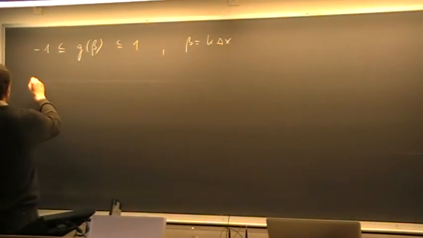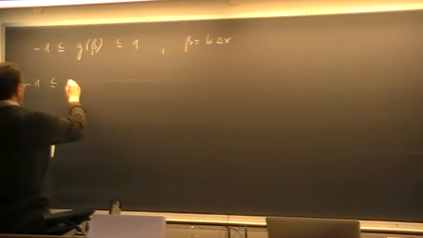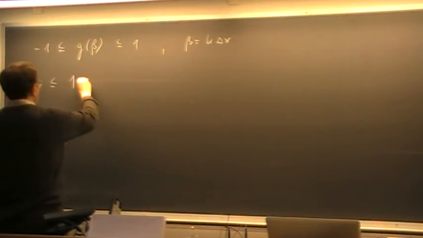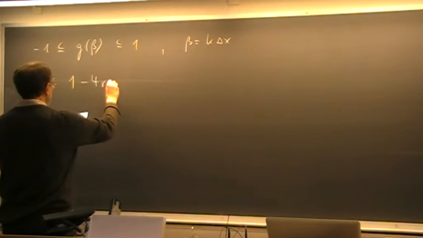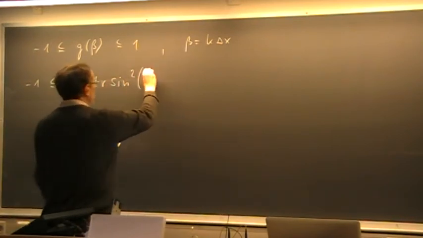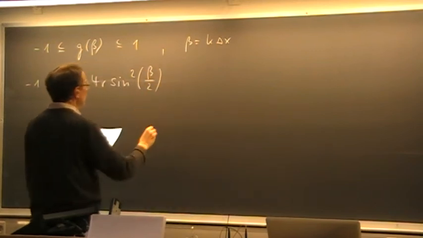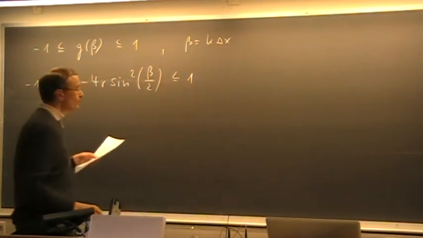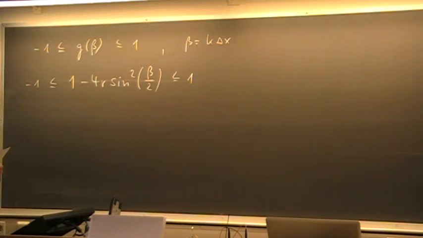So in our case we have -1 smaller or equal to G, which was 1 minus 4r times the sine squared. Now instead of k delta x we write beta. That has to be smaller or equal than 1. So we check now under which conditions this is satisfied.